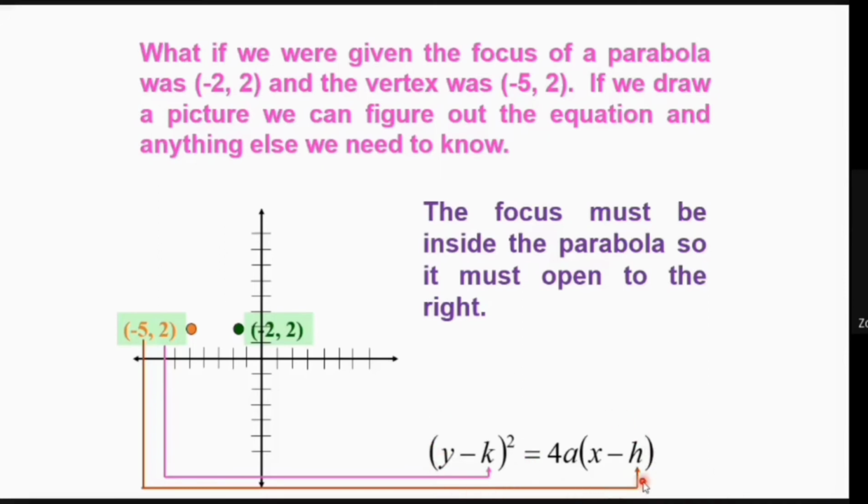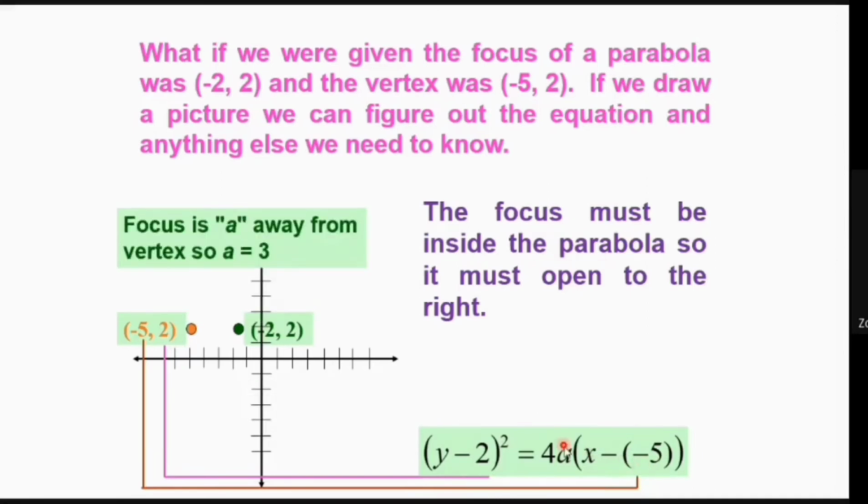Kasi alam natin yung parabola opens to the right. Substituting these values, we will get y minus 2 squared equals 4a times the quantity x minus negative 5. Minus negative 5 magiging positive yan, so that would be x plus 5.